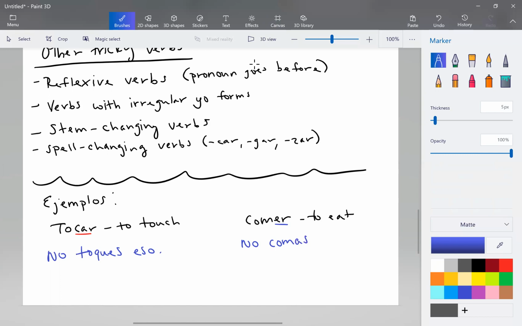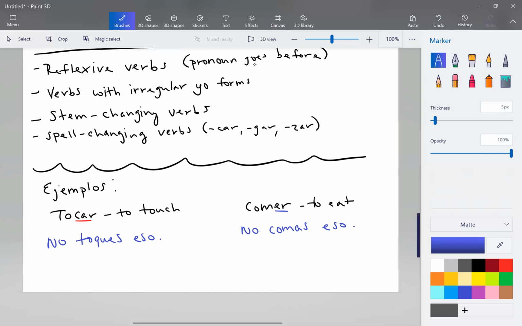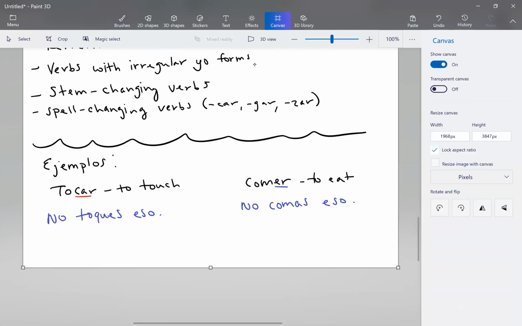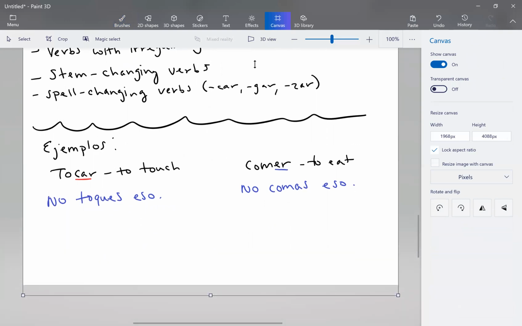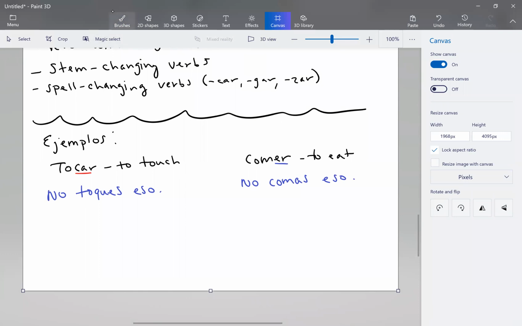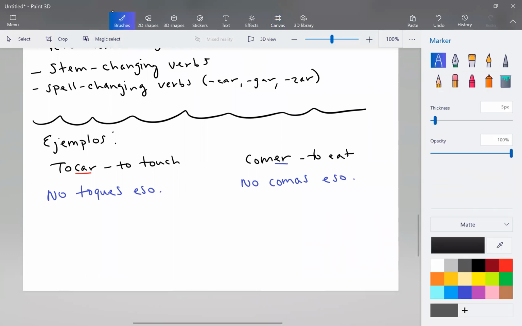Comas. Eso. Remember, because ER verbs have AR endings. That's okay. These are tough to get a handle on, but hopefully the more we practice, the better it gets. What else could we do? Don't be rude. Maybe.